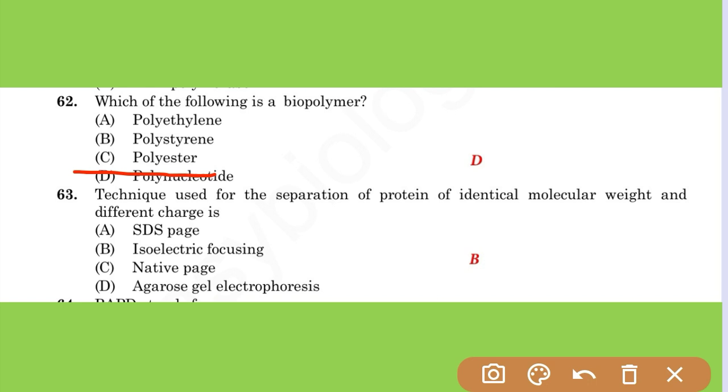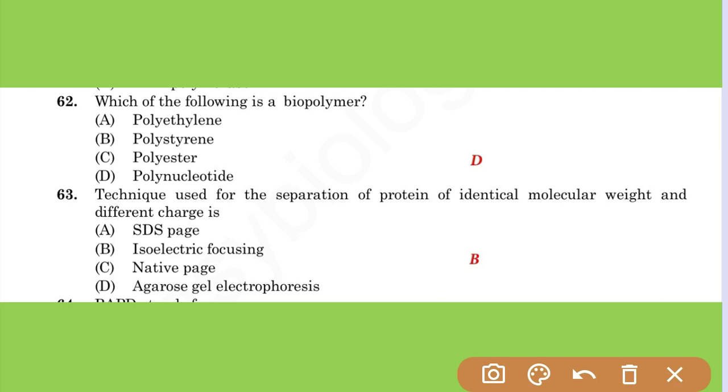Next question: technique used for separation of proteins of identical molecular weight and different charges. Here the question is asked about the separation of proteins on the basis of their charge, having the same molecular weight. The technique used for separation of proteins of identical molecular weight and different charge is isoelectric focusing.